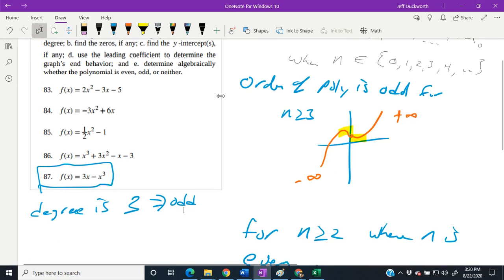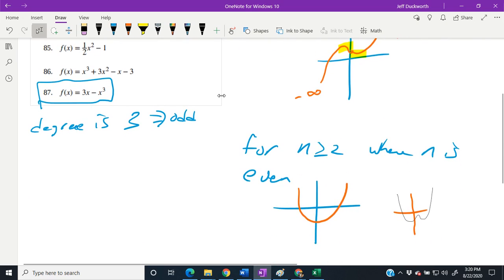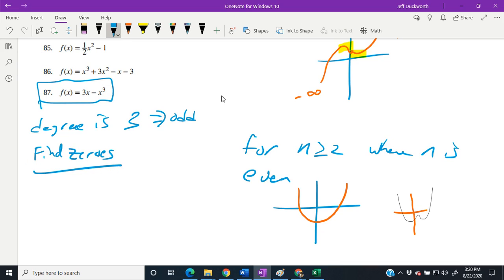Find the zeros, if any, and find the y-intercepts. Okay, so find the zeros. Basically what we do is we set this equal to 0. So we set 3x minus x cubed equal to 0. And then we solve. We're going to do the same process with the fundamental theorem of algebra. We're going to factor out the x.